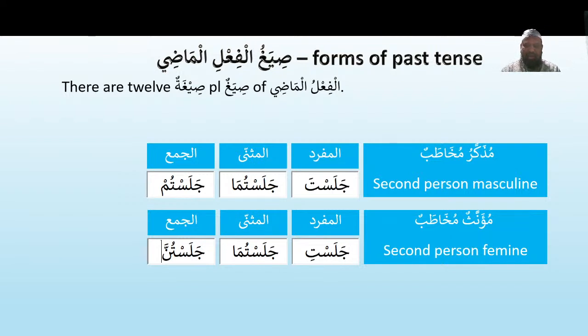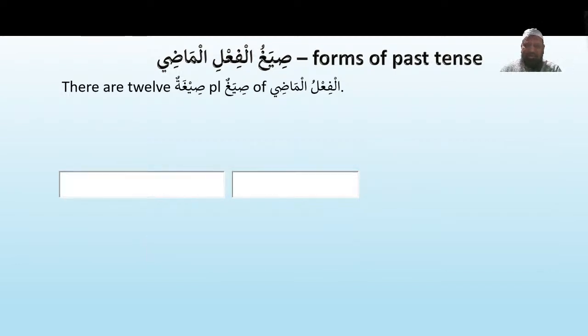So we add alif al-ithnain, then we add waw al-jama'ah, then we add noon al-niswa, then we add ta'ul fa'il, which is ta, ti, tu, tuma, tum, tunna. Then we add na al-fa'ilin.